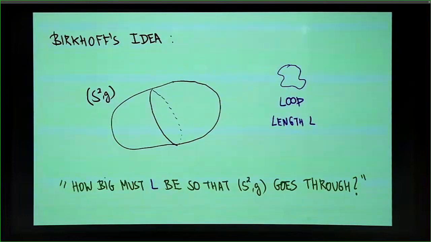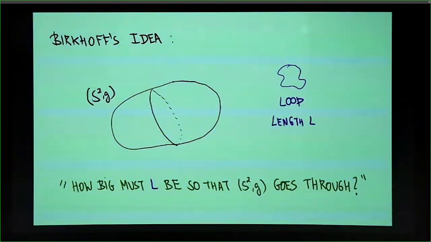So think that you are given your Riemannian two-sphere, and you also have a piece of, I don't know, a string that you make a knot in to make it a closed string. And this closed string has a length, L. Now you ask the following question. How big must L be so that the sphere goes through the loop?